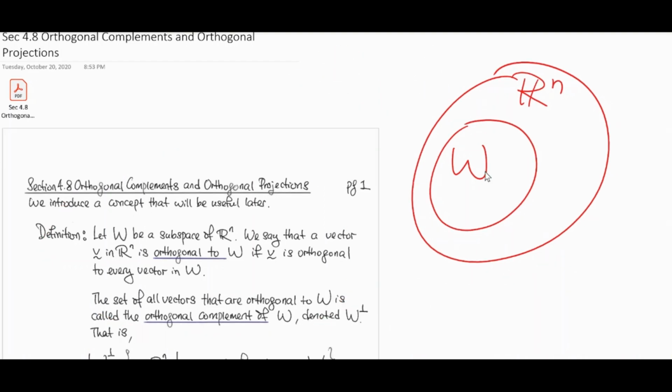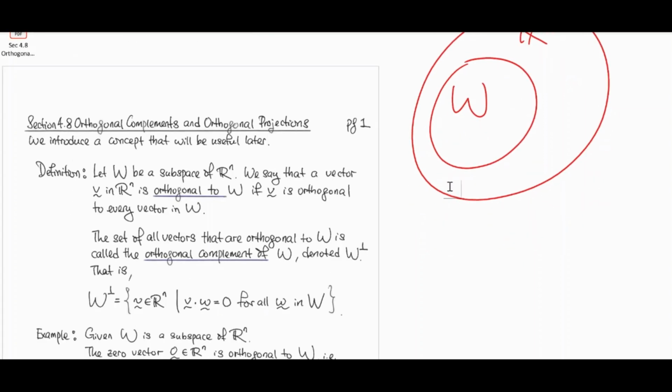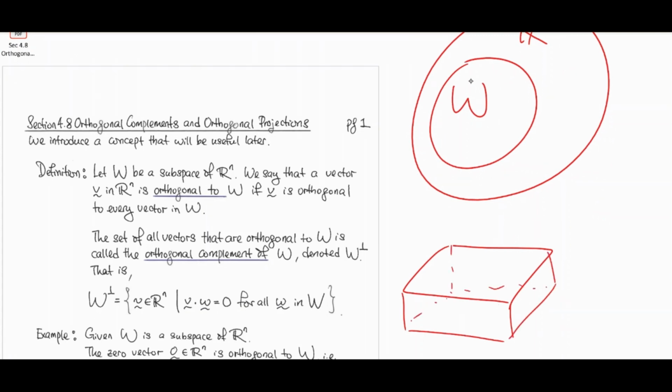All right, so what we're going to do next is take a box, and we are going to pick up all the vectors that are orthogonal to this vector space W. We know that 0 is orthogonal to W, so we put our vector 0 into this box.